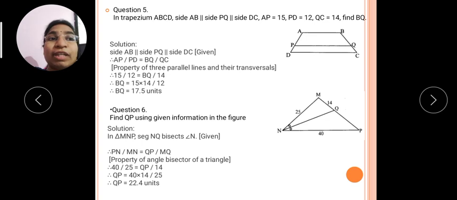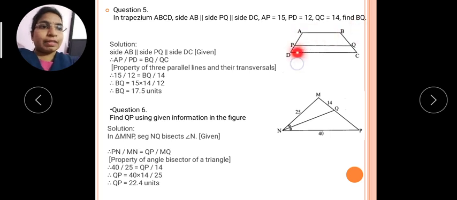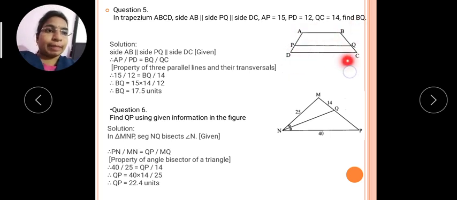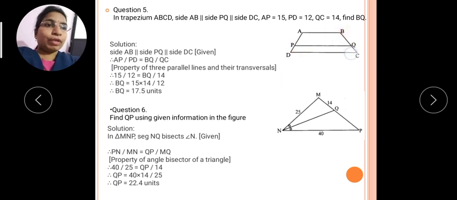By the property of 3 parallel lines, when 3 parallel lines have 2 transversals, these parallel lines divide the 2 transversals in equal proportion. So AP upon PD is equal to BQ upon QC.